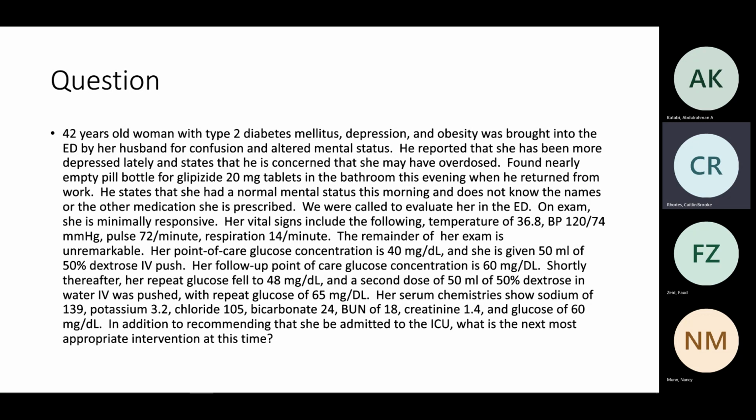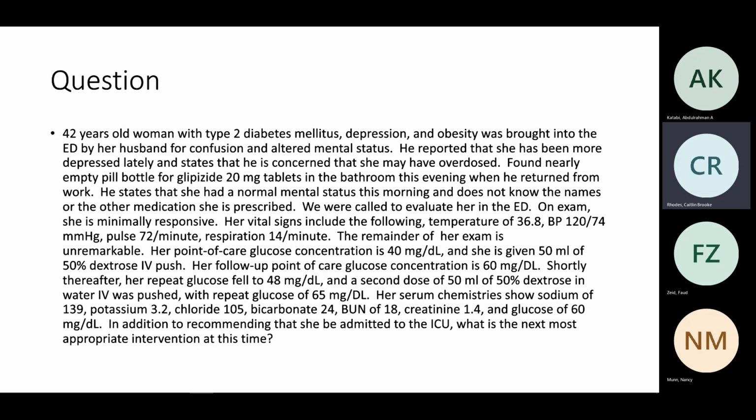He found a nearly empty pill bottle of glipizide, 20 milligram, in the bathroom this evening when he returned from work. He said that she had a normal mental status this morning and doesn't know the names of the other medications she's prescribed. We were called to evaluate her in the ED.